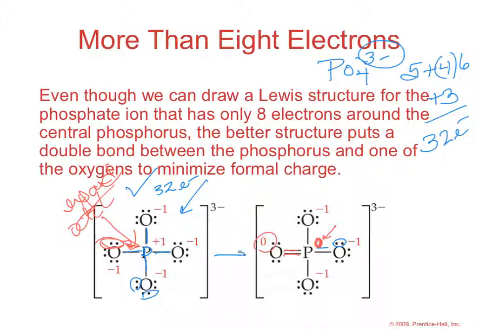By the way, these are all resonance structures. Okay, we know that so far this one is favored. But let's pretend like we expanded the octet again. Let's see what we would get.